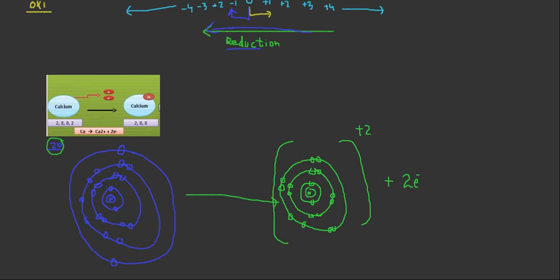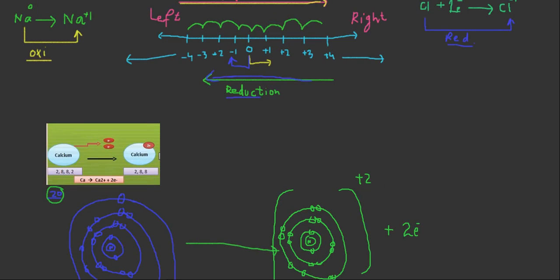As we have discussed earlier, calcium has 0 charge because it is in the atomic state. It has the same number of protons and electrons: 20 electrons and 20 protons. So plus 20 and minus 20 cancel each other, and you get the charge as 0. But after the loss of 2 electrons from the valence shell, calcium is converted into calcium ion having positive 2 charge.